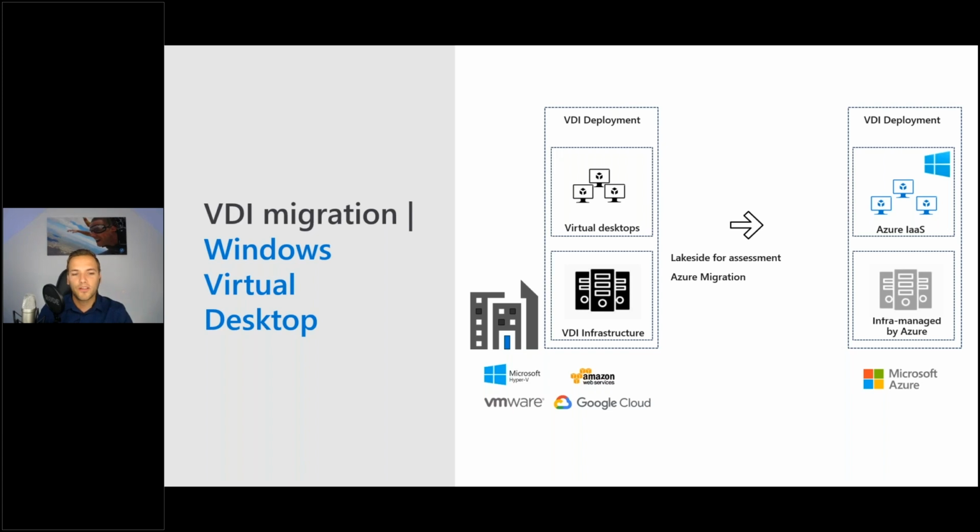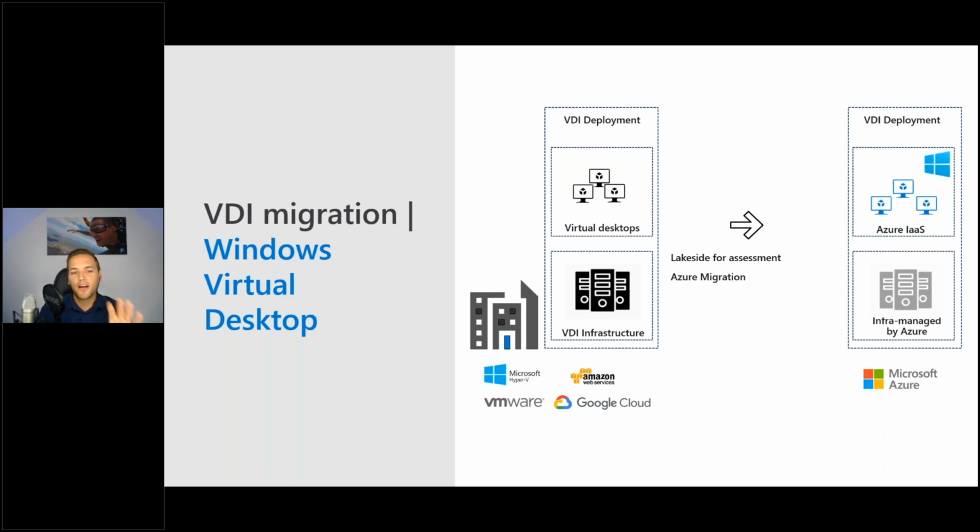So with the current VDI infrastructure in place, you need to gather, based on an agent that they provide, the information out of that virtual desktop infrastructure, and it creates an assessment in Azure Migrate that shows you what are the resources that I need to pick inside Azure to provide a similar kind of experience that I know from on-prem. With that agent, you can collect that information, and it will give you a price estimate as well, what your cost will be inside Azure.